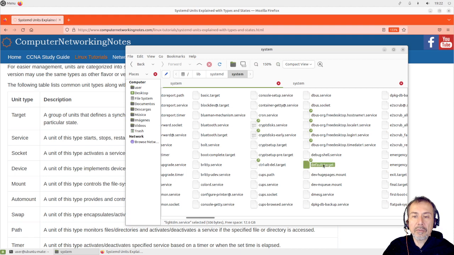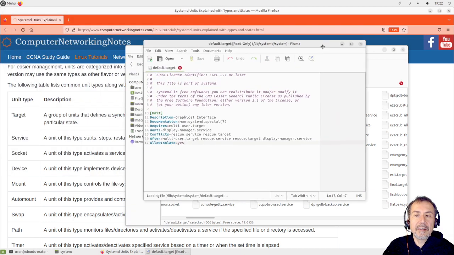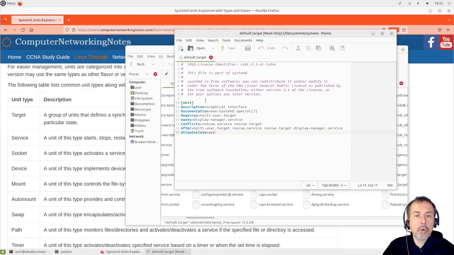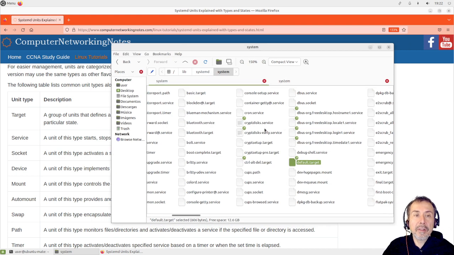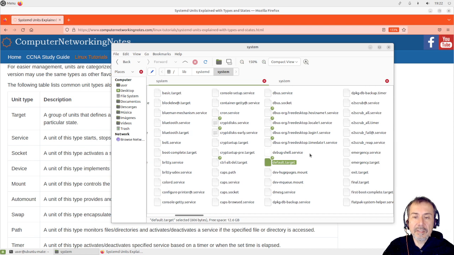For example, the default target doesn't do anything by itself. It defines dependencies between what needs to be done to acquire that target. A target doesn't start anything.